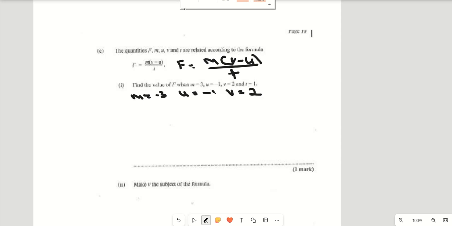Okay, let's go on to part C now. They said the quantities F, M, U, V, and T are related according to the formula. Let's just write this down. F is equal to M open bracket V minus U all over T. They said find the value of F when M is equal to negative 3, U is equal to negative 1, V is equal to 2, and T is equal to... Okay, I stand corrected.